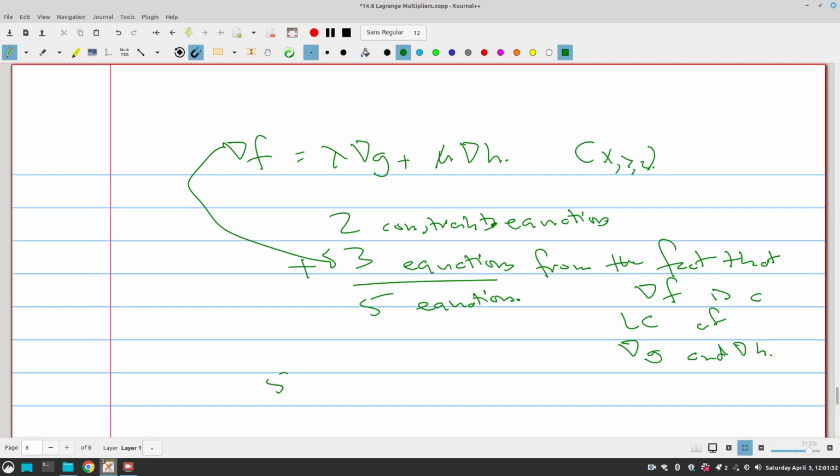And you have 5 variables: x, y, z, lambda, and mu, right? And you could find these 5 variables using these 5 equations, and you'll get your maxima or your minima, right?